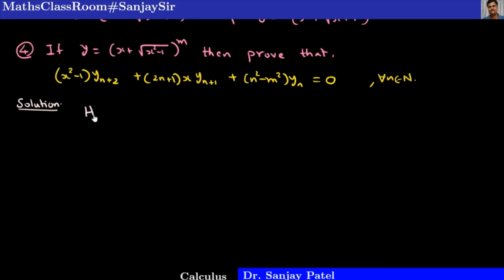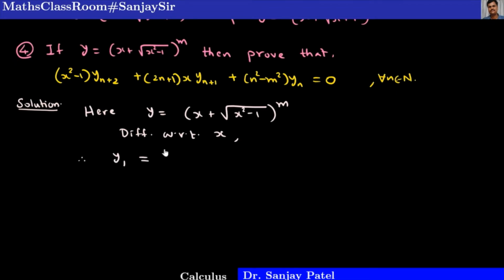Here y is equal to (x plus square root of x square minus 1) raised to m. That is given. Differentiate this with respect to x on both the sides. So the first derivative we get is y1, and here something raised to m, you can write its derivative as m into something raised to m minus 1 first.